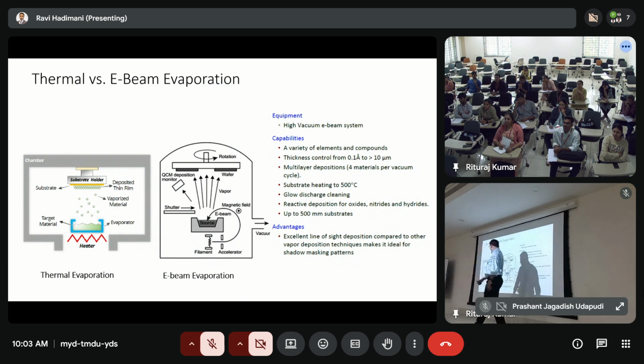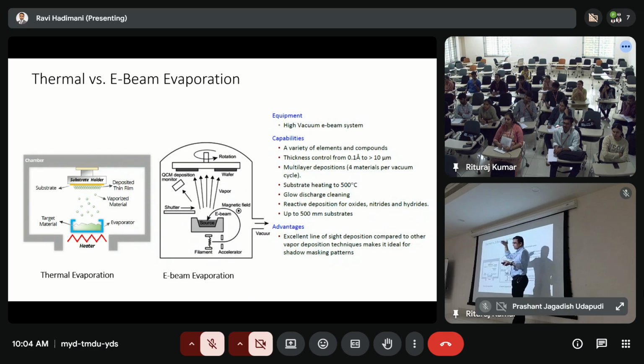E is for electron evaporation. So you generate an electron beam from a filament, could be a tungsten filament. There are many ways to generate electrons. You also use some magnetic fields to direct the beam where you want, so you direct it at the target. The target is what you want to deposit, for example lithium, gold, platinum, or copper, which are electrodes, right?